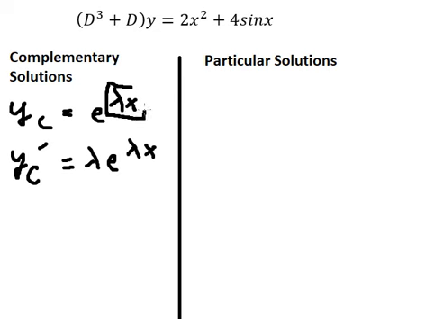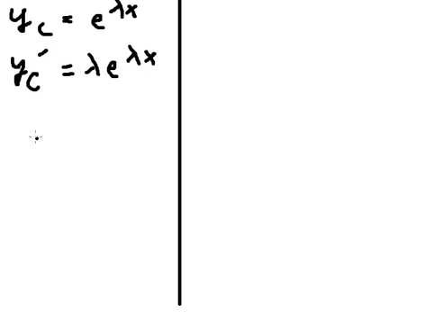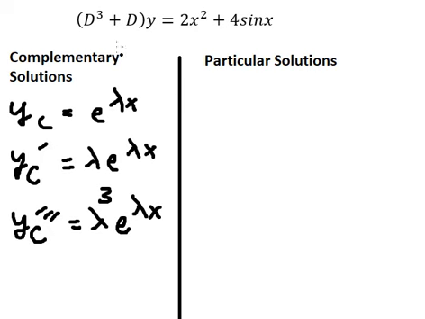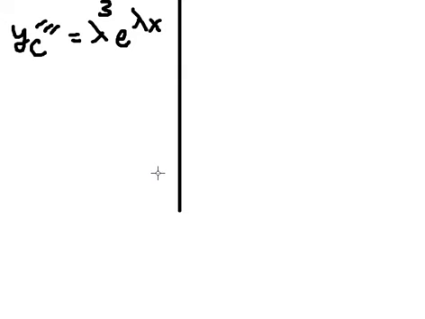Now we go to the third derivative of yc, and we have lambda to the power of 3 e to the power of lambda s. Because this is about complementary solutions, I will put this equal to 0.